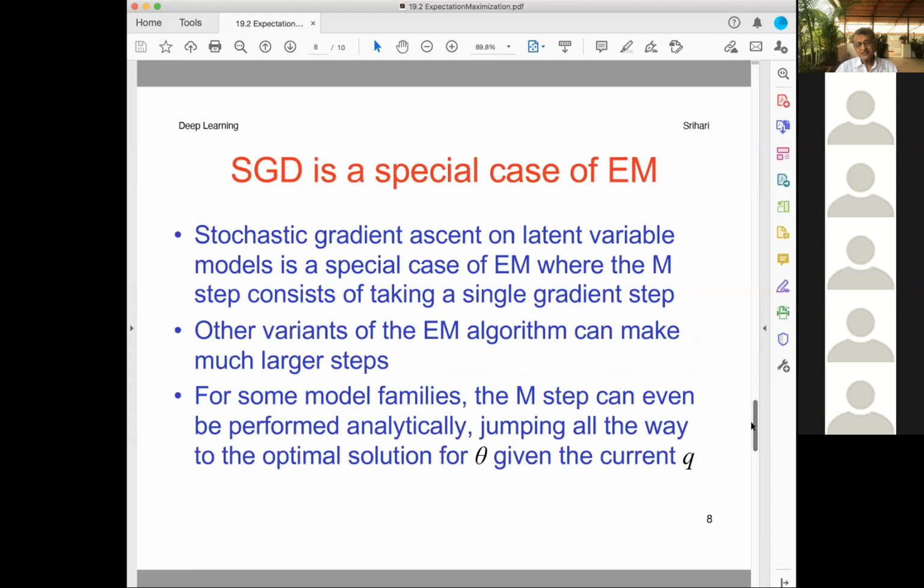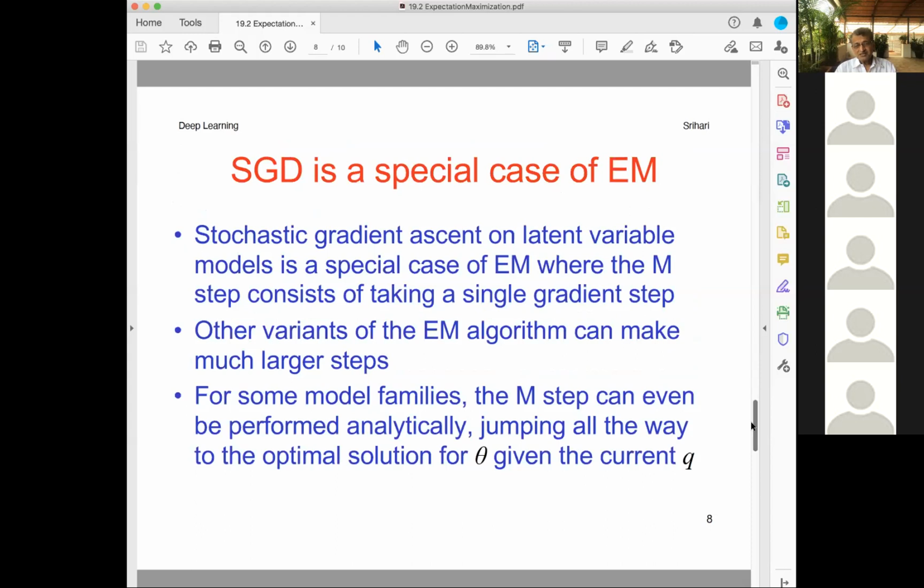Stochastic gradient ascent, SGD, is a famous learning algorithm for deep learning. The other variant is stochastic gradient ascent instead of descent; change the positive to negative, and we get the other one. On latent variable models, it is a special case of EM where the M step consists of taking a single step.